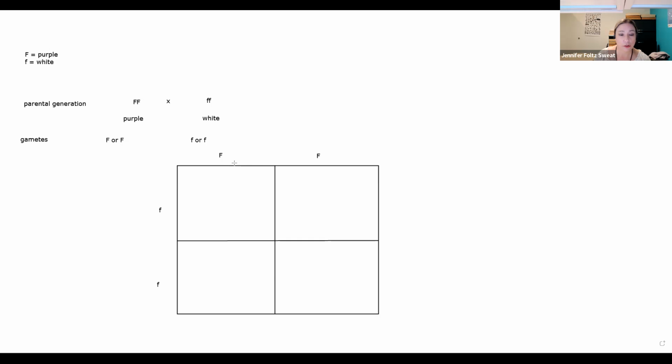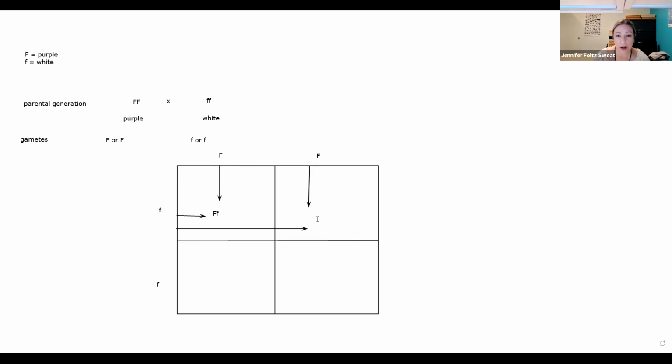So to do the Punnett square, we join up the letters in each box. So for this first square, it will be a capital F and a lowercase f. I always write the capital letter first. Now for this one, we bring the little f over because that's the row that it is in, and we bring the capital F down.